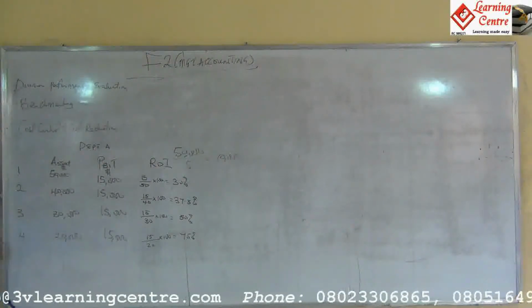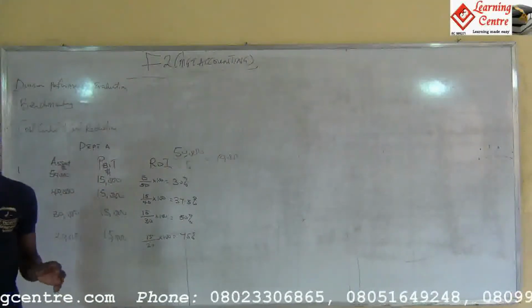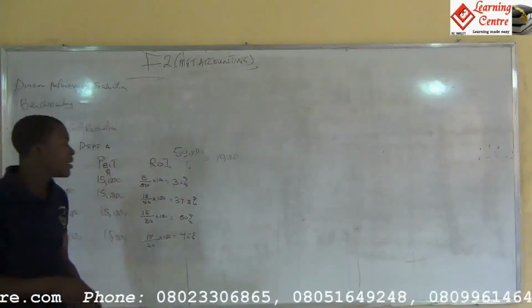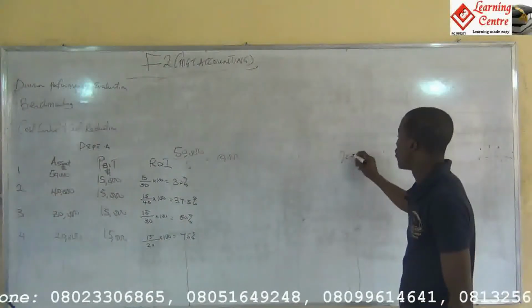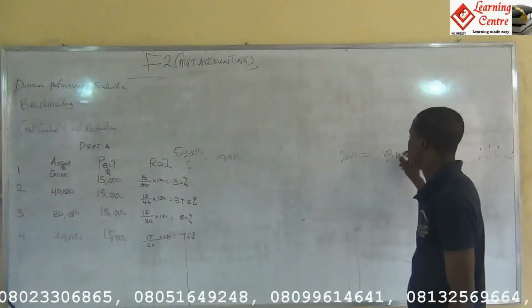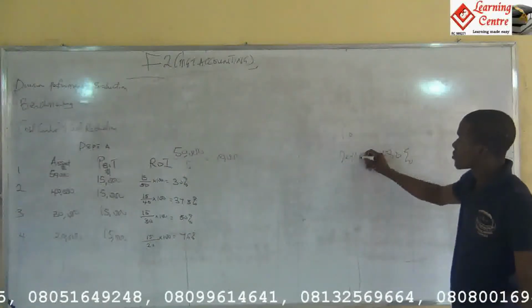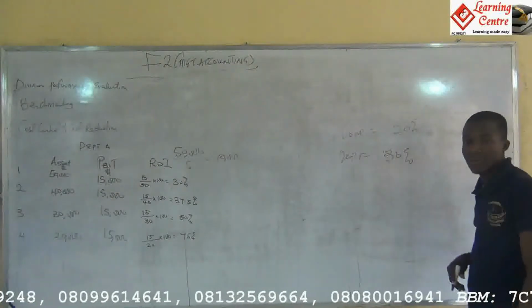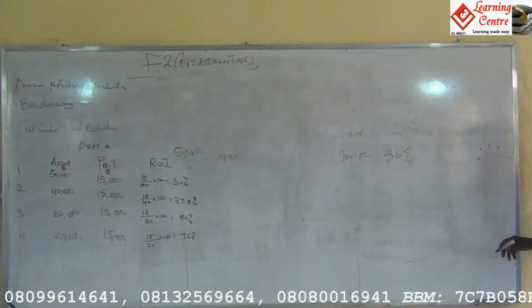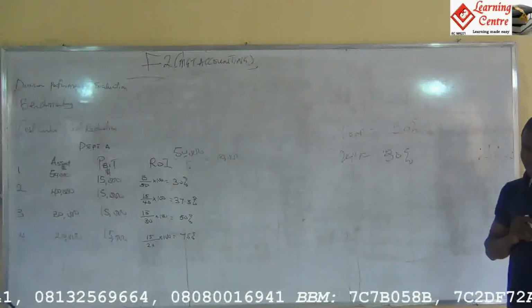Also, assuming there's an asset that we need to purchase. Let's assume the standard for department A. Department A's standard return is 30%. The company's return is based on 20%. Now, this company wants to embark on a new project.